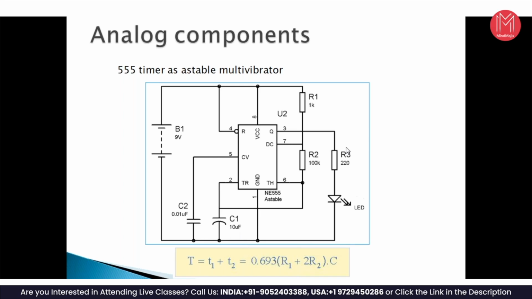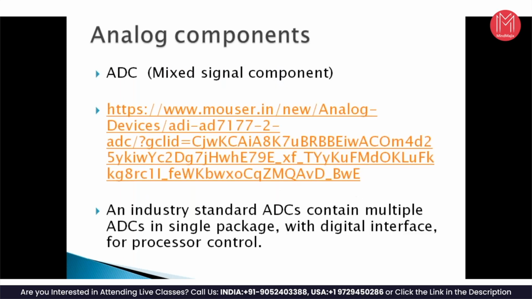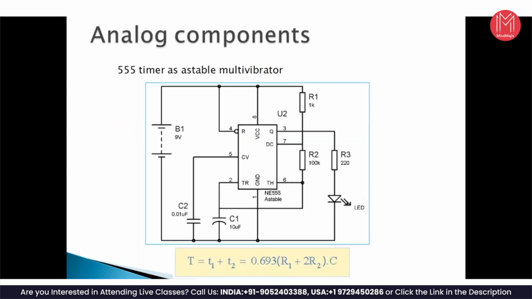At the output, it generates a square wave. Just to demonstrate, it's connected to an LED, which will go on and off. That's a multivibrator: it is self-oscillating and generates a square wave.